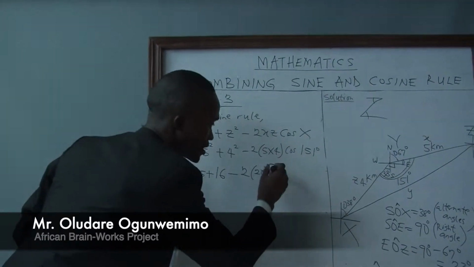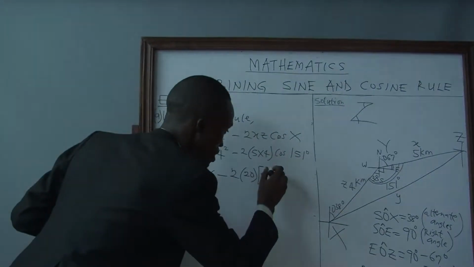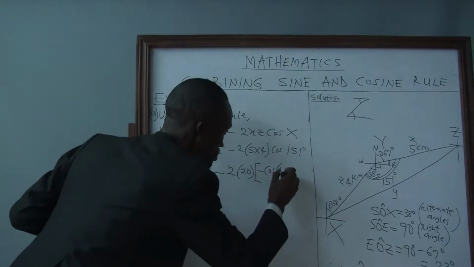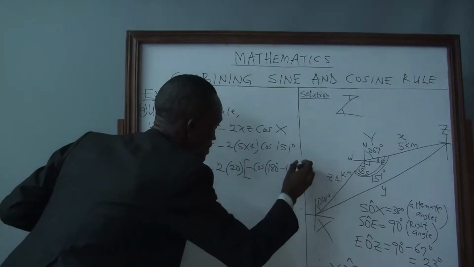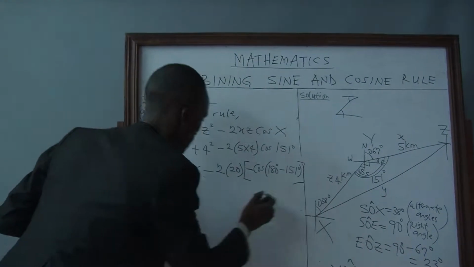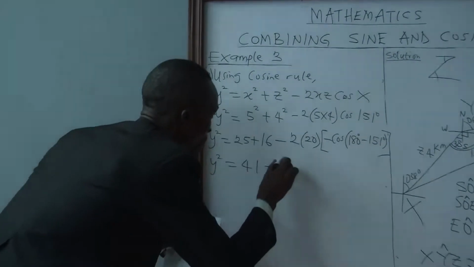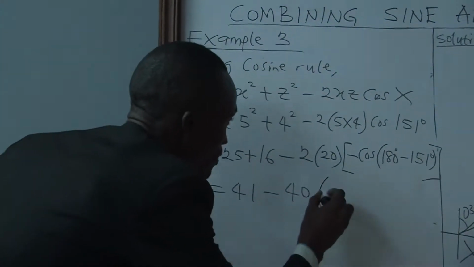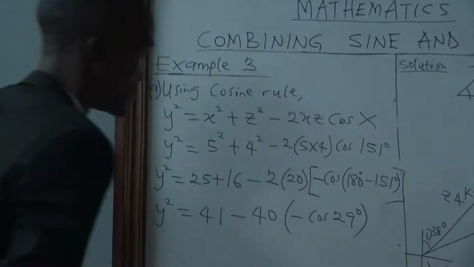Then this one we have minus, because cosine is negative in the second quadrant, minus cos 180 degrees minus 151 degrees. So we have y squared to be 41 minus 40 into minus cos 29 degrees.